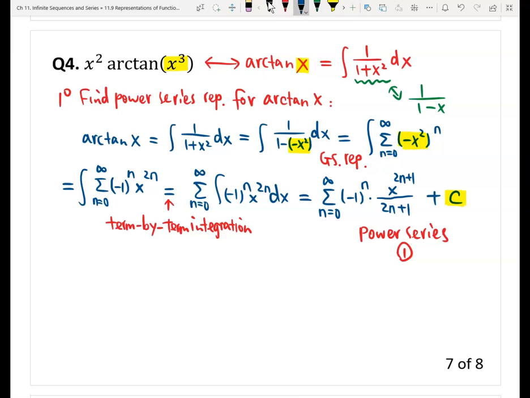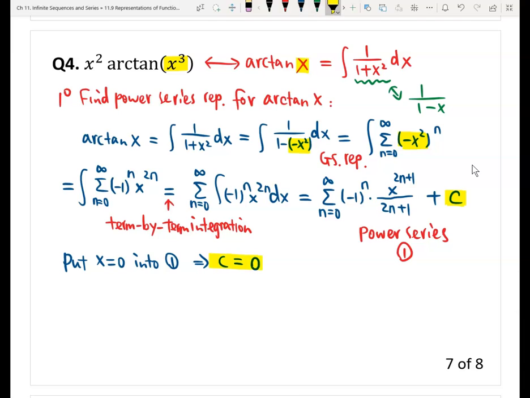We just put in a special value, like x equals 0, into both sides of this equation, and then we can find out what c is. Putting x equals 0 into the first power series, we will find c. Arctangent of 0 is 0. Put the 0 here, all the terms are 0, right? Therefore, c is, of course, 0. Good, so this is easy. We find c equals 0.